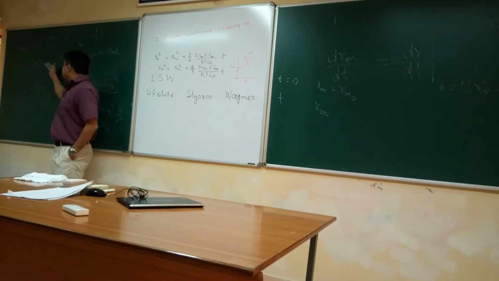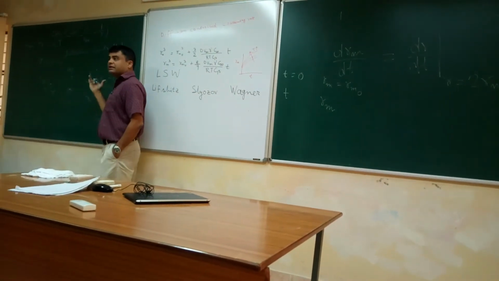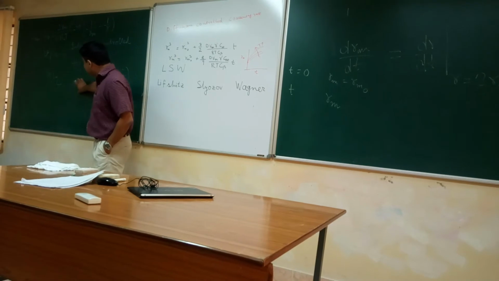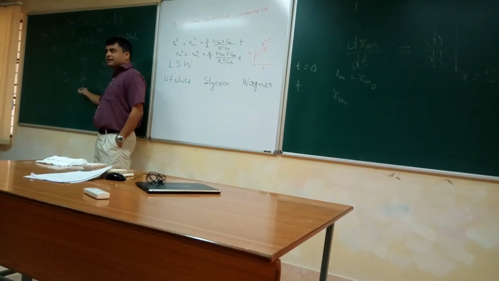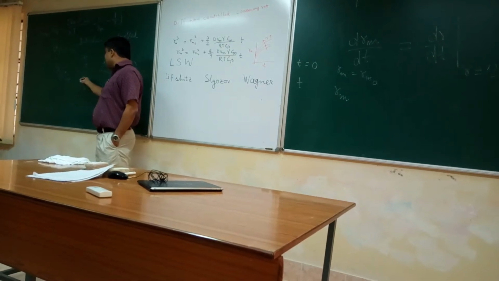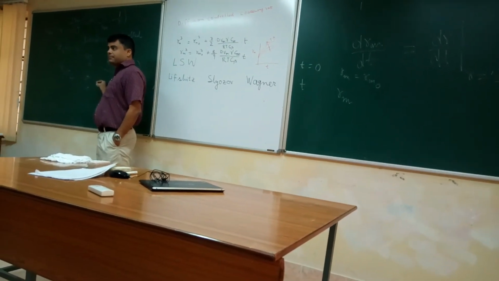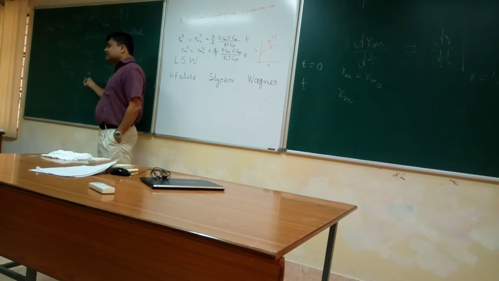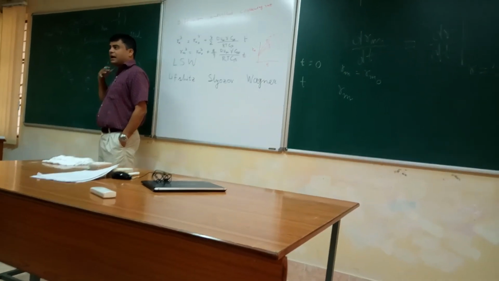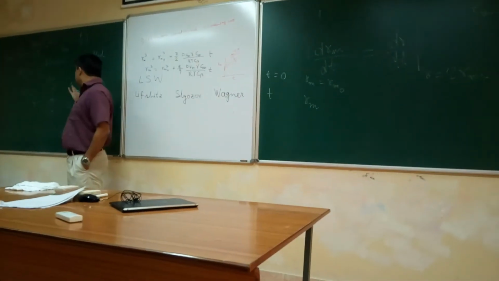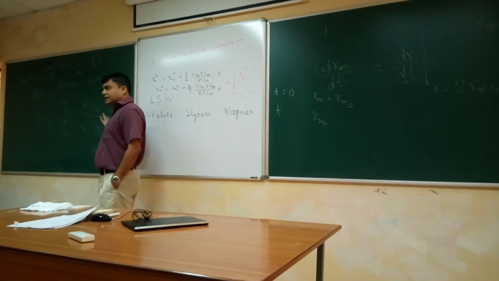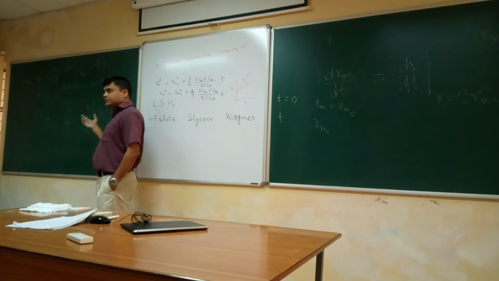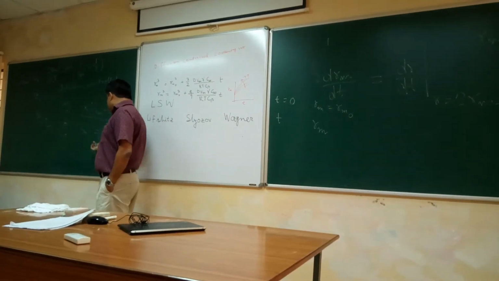This flux is proportional to the driving force. What is the driving force? This gap, because ideally in equilibrium it should have been CR, but at a particular time it is CRM. So CRM minus CR is the driving force for the atom flux inside, multiplied by some constant. So flux is proportional to the driving force.